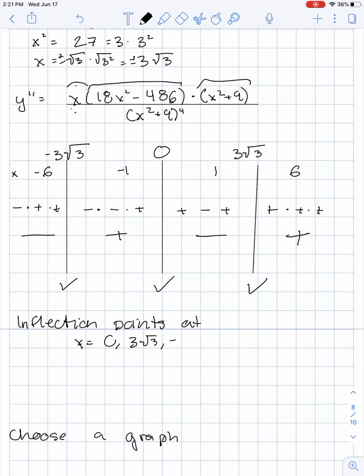Oh, sorry, -3√3. If you're confused about what I'm doing with negative and positive, again, I'm plugging into this little x and then 18x squared minus 1 times something else, because I only care about the sign. I really don't care about the number. As long as I'm getting a positive number, I'm concave up and then I'm concave down when it's negative. As long as those numbers change from positive to negative, I'm good to go.